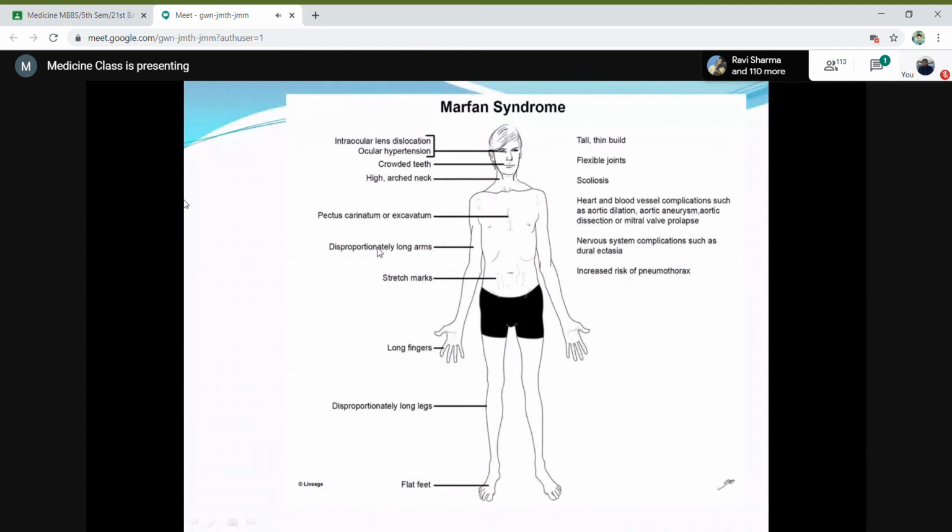Disproportionately long limbs and long fingers, stretch marks in the abdomen, disproportionately long legs with flat feet. So these are the tall, thin build, flexible joints and scoliosis. There can be problems with the heart and the blood vessels, and they are at risk of pneumothorax. So these are the clinical features in patients with Marfan syndrome.